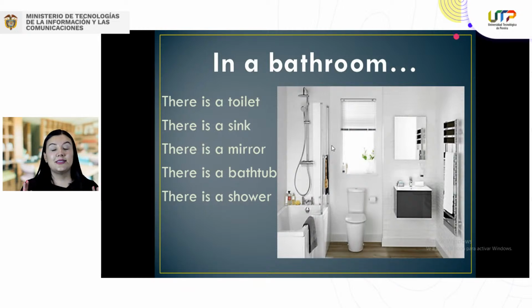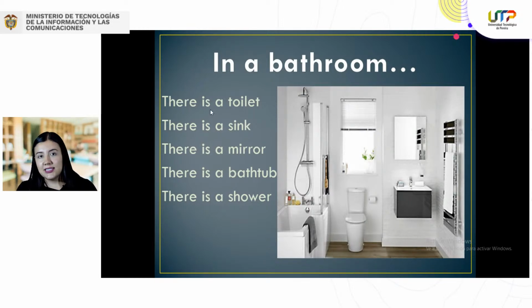Y quiero que estemos muy atentos al uso del there is and there are. Si vemos, todos los que tenemos en el baño se usan con there is, y adicionalmente, como usamos there is, usamos el artículo a, ¿sí? Miren, there is a toilet, that is number 1.